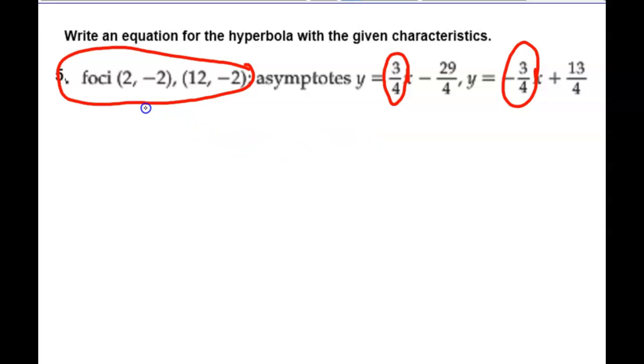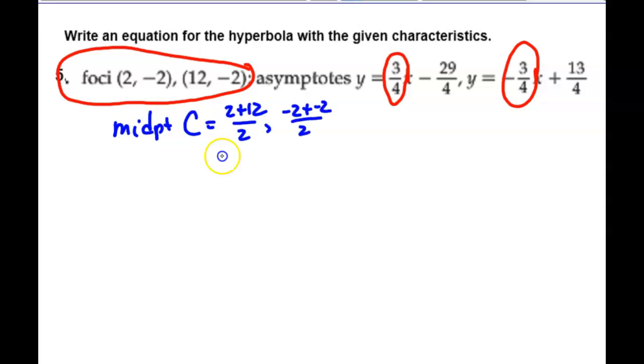All right. Now this gives us foci, but will that still help us tell which way it's opening and find the center? Yeah, I think we're good. The midpoint is still the center. 2 plus 12 divided by 2 and -2 plus -2 divided by 2 puts the center at (7, -2). Anybody?